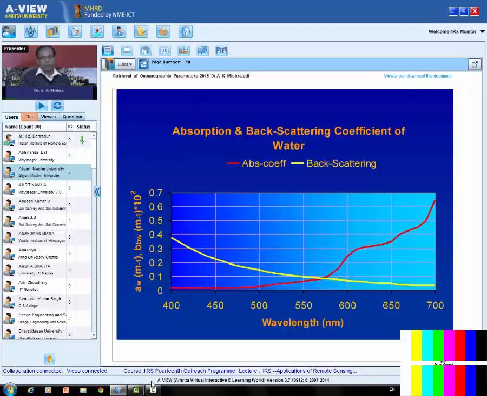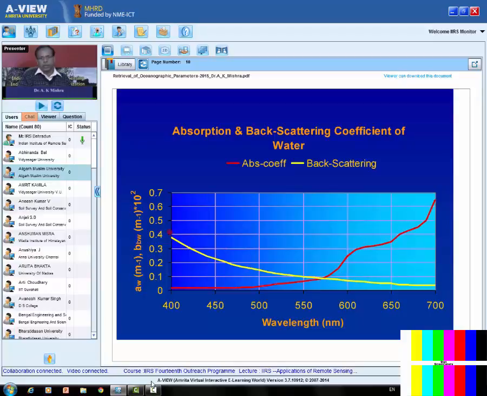This graph shows you the absorption and scattering coefficient of the water. What you are seeing here is the red line represents the absorption coefficient of the water. The absorption is minimum in the blue end, and gradually the absorption is increasing towards the red end of the spectrum.